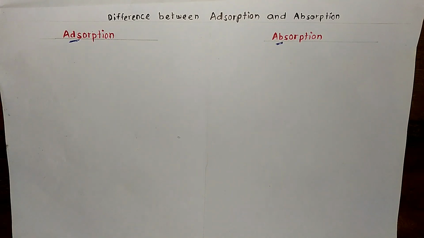What is adsorption? We saw earlier in the lecture, adsorption is the accumulation of molecular species at surface rather than in the bulk.